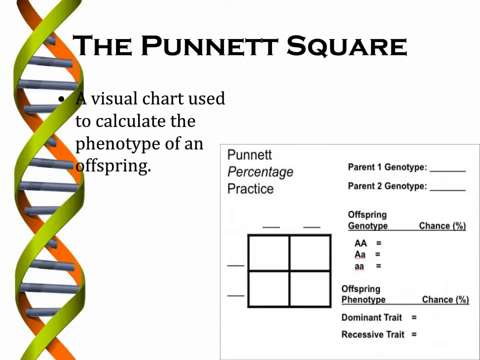A Punnett square is used to determine the ratio of the matrix between two different genotypes and be able to determine the phenotype. So, as before, we mentioned homozygous and heterozygous.